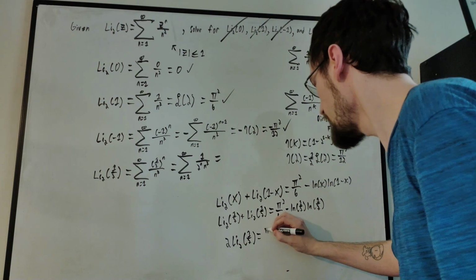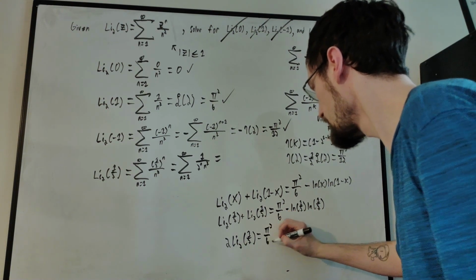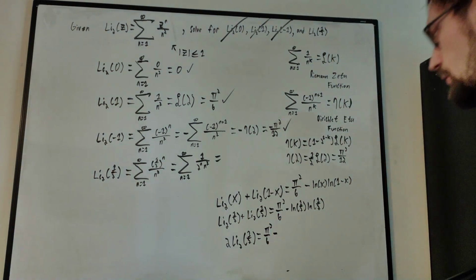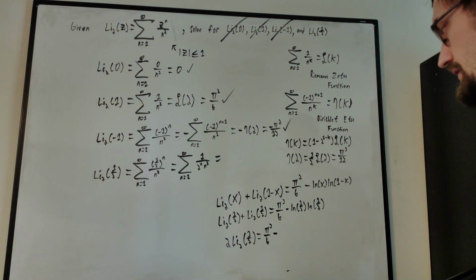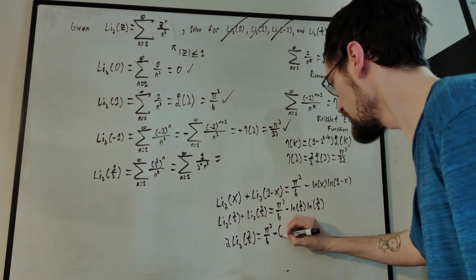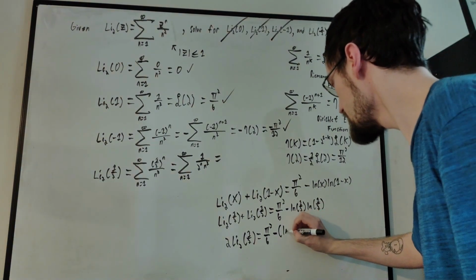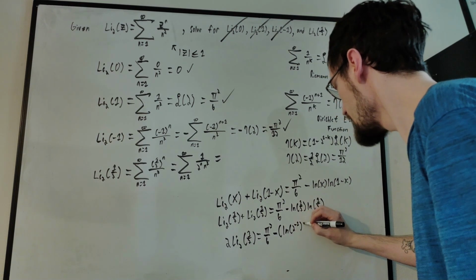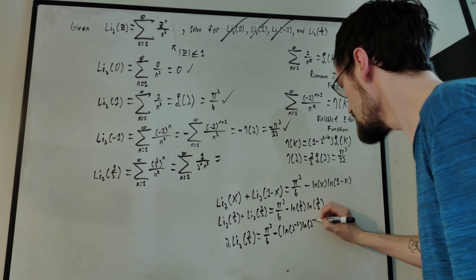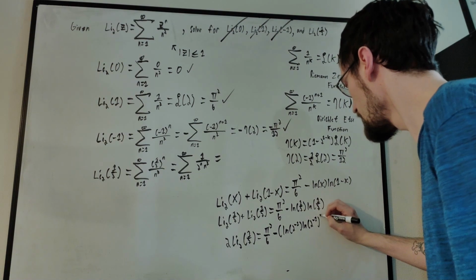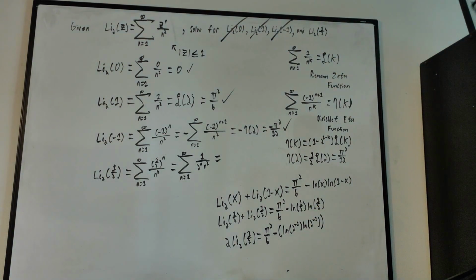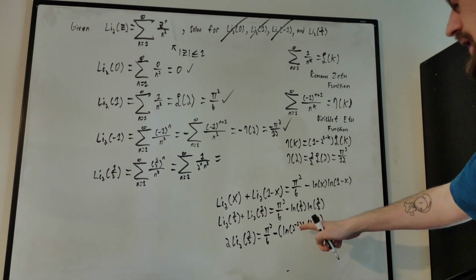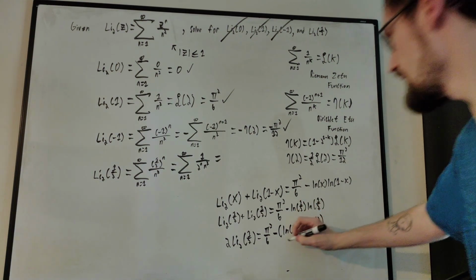And that equals pi squared over 6 minus, now what can we do with these 1/2? Well, 1/2 is just the same thing as saying 2 to the negative 1 power. So let's open up a parentheses here and write out the natural log of 2 to the minus 1 power times the natural log of 2 to the minus 1 power, close parentheses. Now, the exponent property of logarithms allows us to take this negative 1 and drop it in front of the natural logarithm.